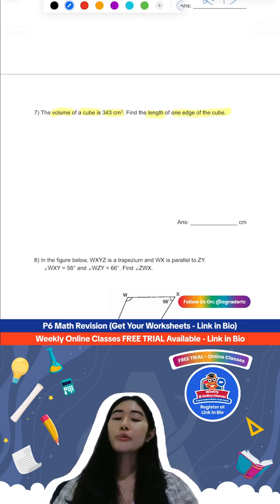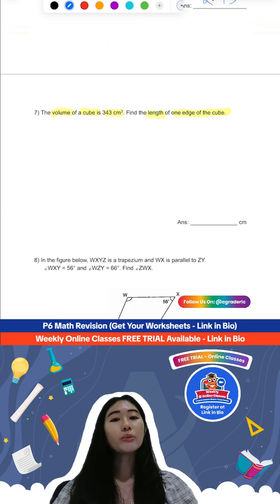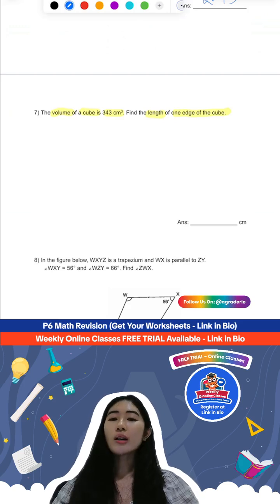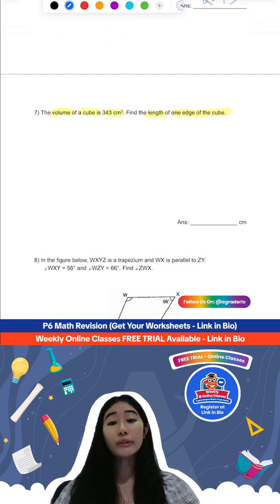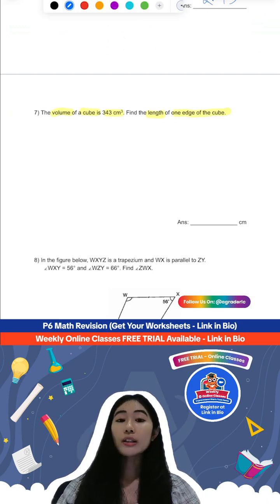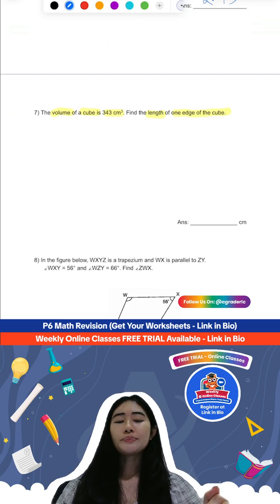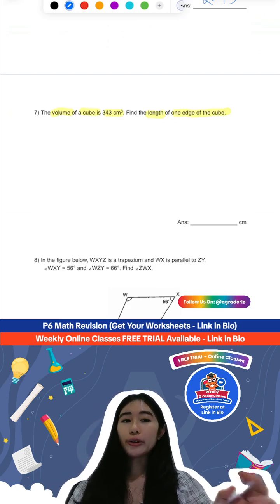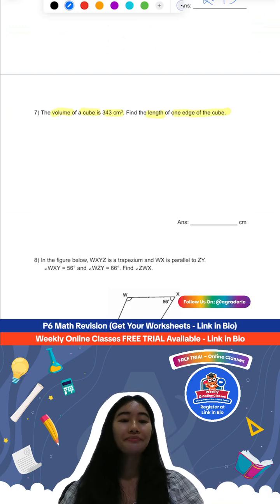This one, it will be helpful if you know your times table well. Without a calculator, if you have a calculator, this question will be very, very easy. But since this is a Section B question, you don't have a calculator, so you have to rely on your times table knowledge.